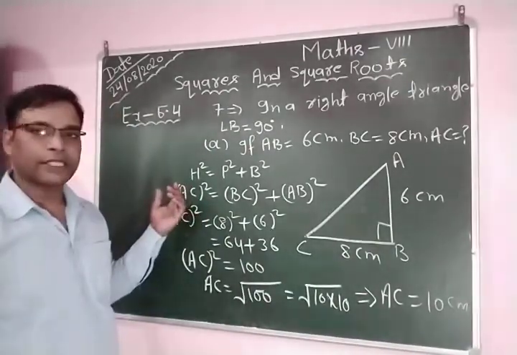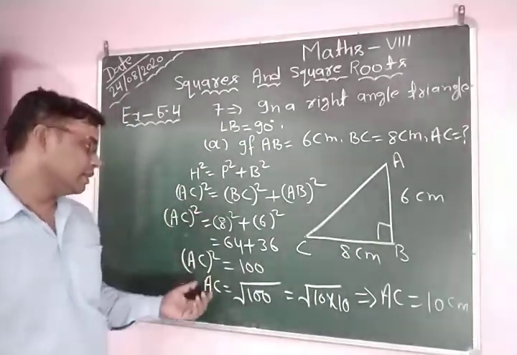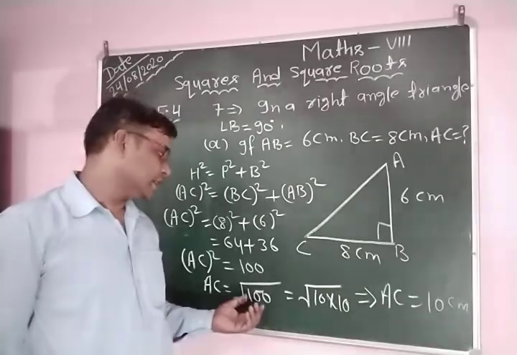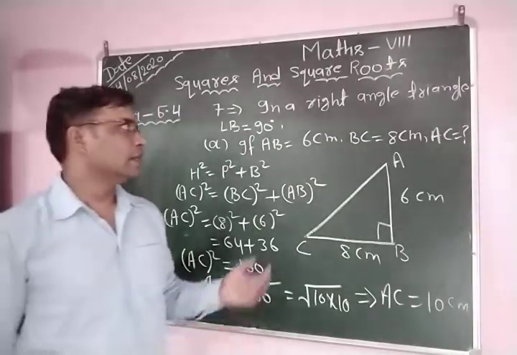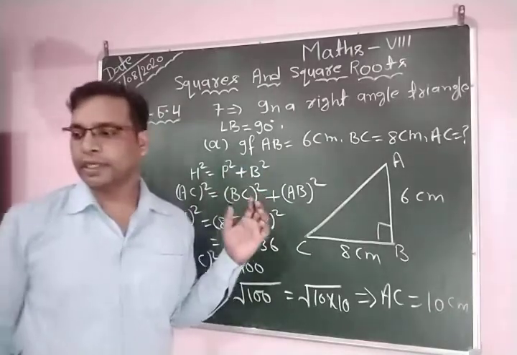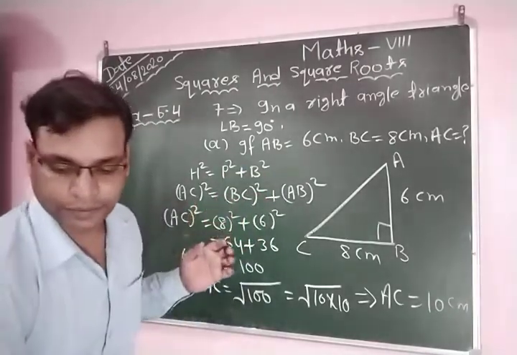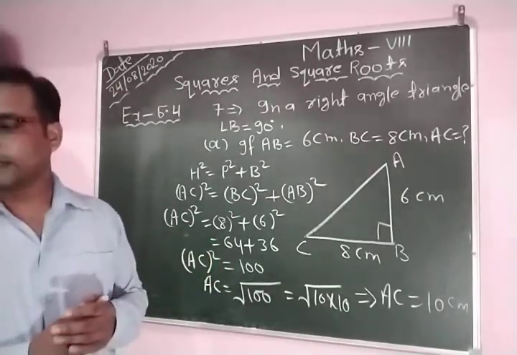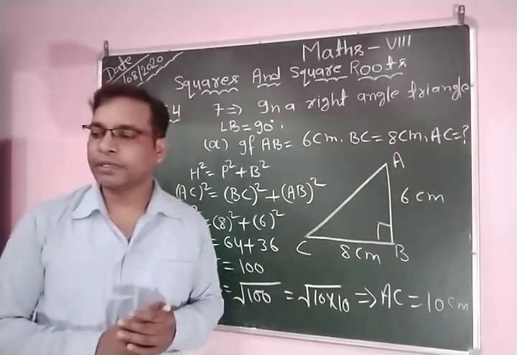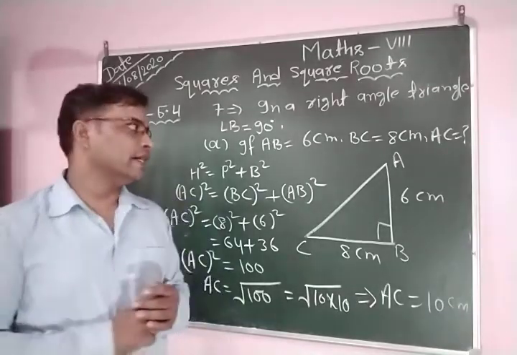So we used the Pythagoras property and found the value of AC, which is 10 centimeters. In the next question, it is given that AC is equal to 13 centimeters, BC is equal to 5 centimeters, and we need to find AB.